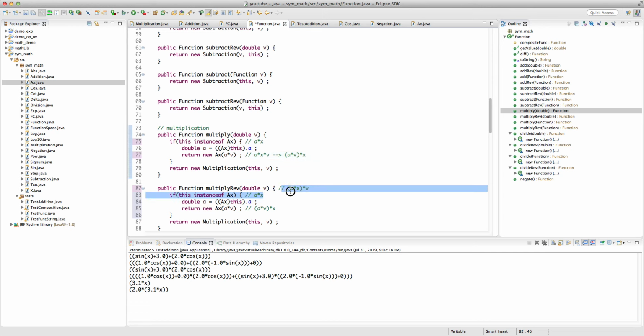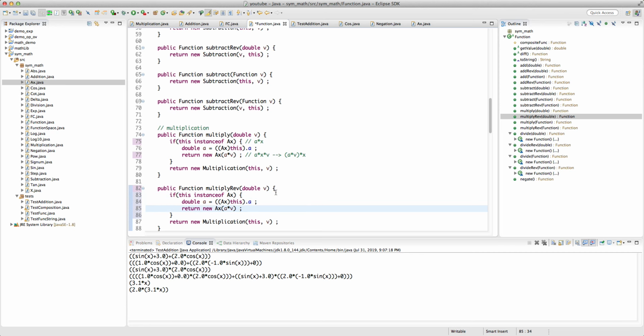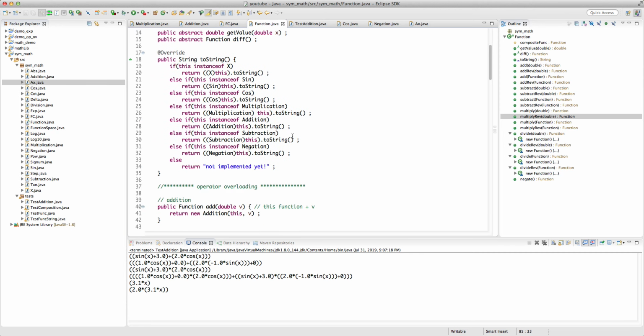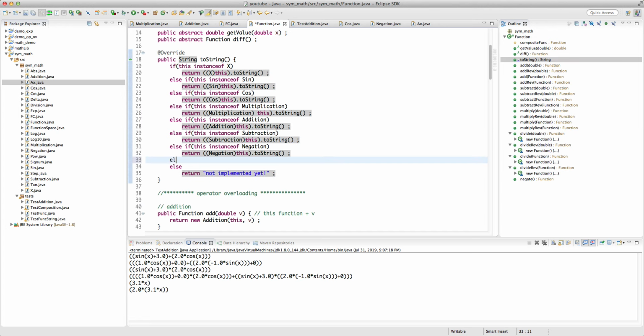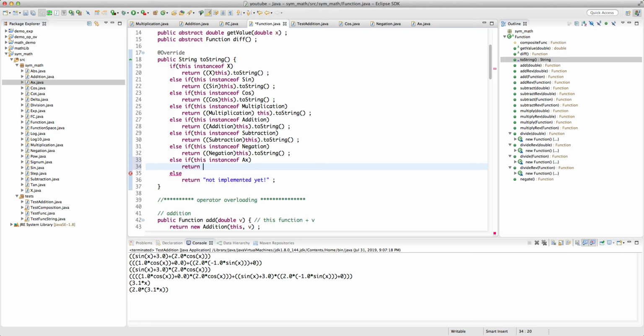Okay, so you see the logic here. These are just the details of how to take care of this, and then in the hierarchy of things we add another else if this instance of ax, return typecast ax to this to a string.